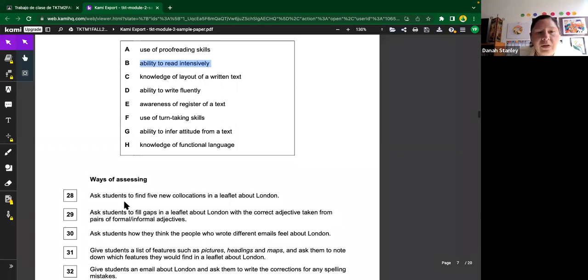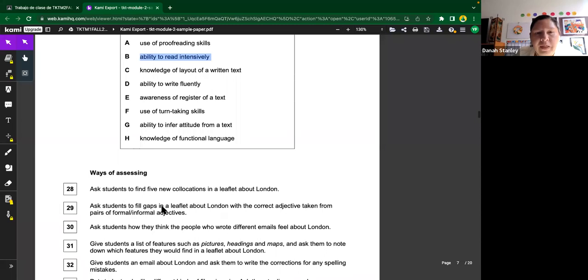Now, ask students to fill in the gaps in the leaflet about London with the correct adjective taken from pairs of formal and informal adjectives.